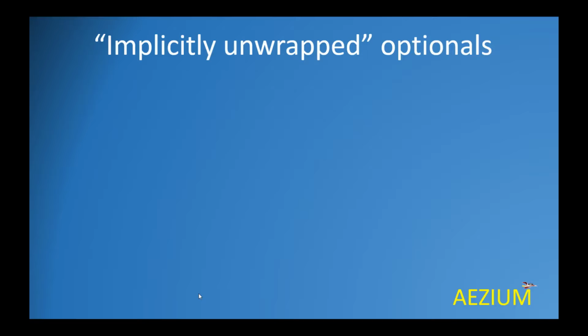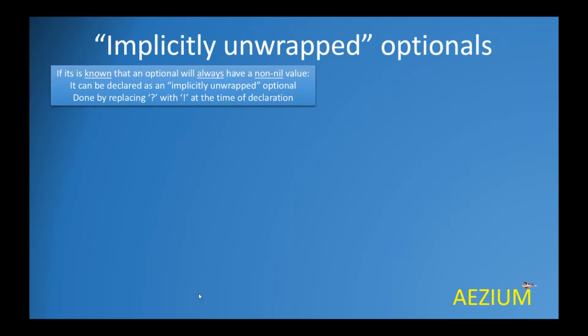We have another form of unwrapping, and that is implicit unwrapping. Implicit unwrapping is used when we know at the time of declaring an optional that its value is going to always be non-nil.